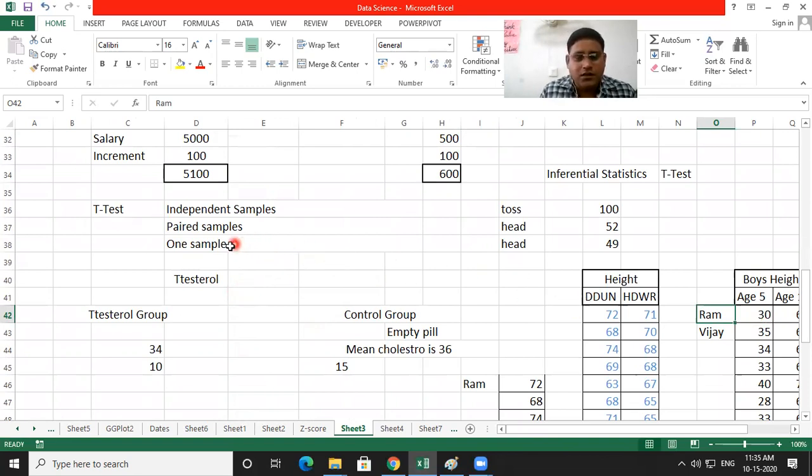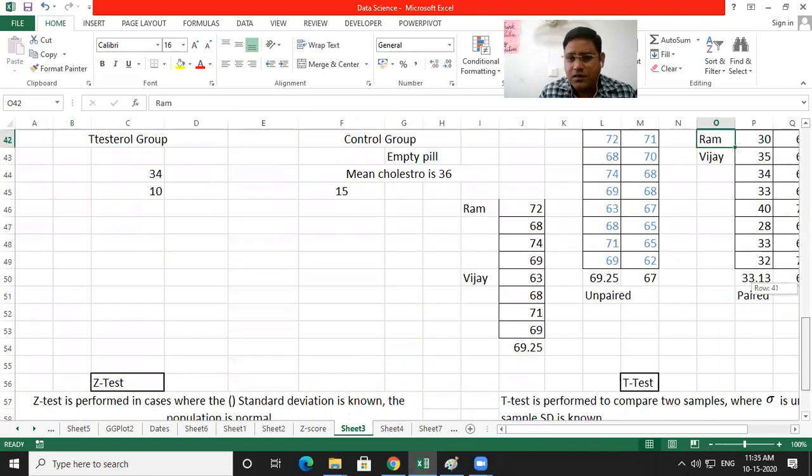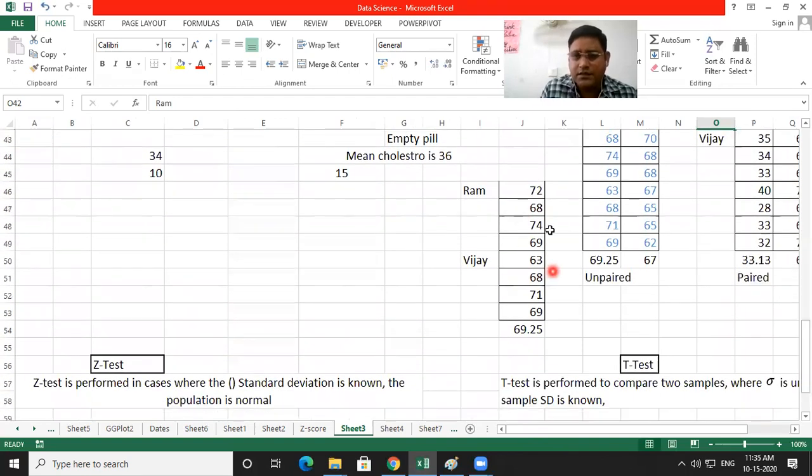Okay. Now third one is one sample. One sample means, let us suppose I have this data, and this is the IQ level of my employees. Let us suppose the average of this data is 69.25. Now from within this data, this person Ram is having IQ level of 72.